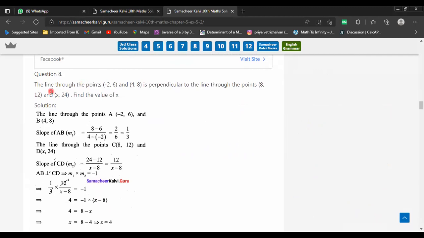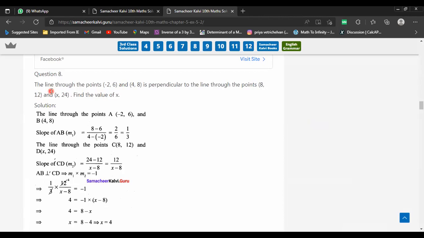The line through the points (-2, 6) and (4, 8) is perpendicular to the line through the points (8, 12) and (x, 24). Find the value of x. So they are saying one line is perpendicular to another line.